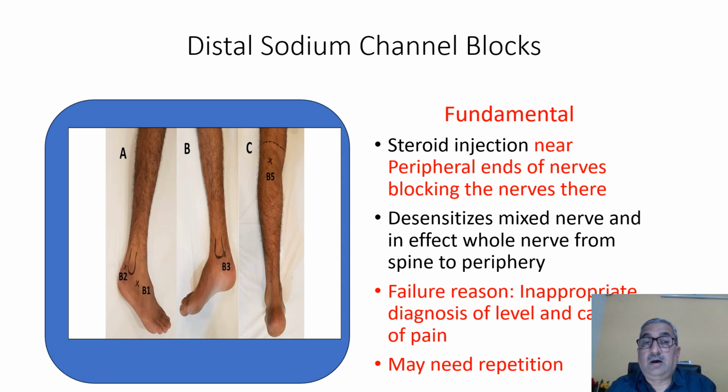But a lot of study goes into what is the exact level, which side, so you don't miss any single level. Sometimes you need to repeat, but this is definitely something new which has come up, and at least in my practice it has reduced the number of epidurals.